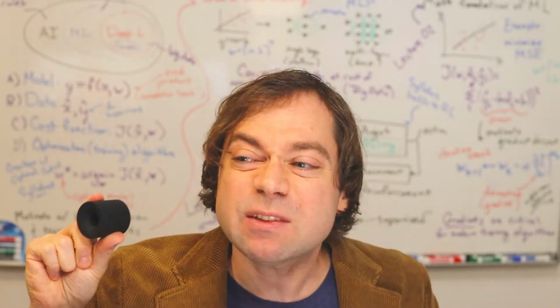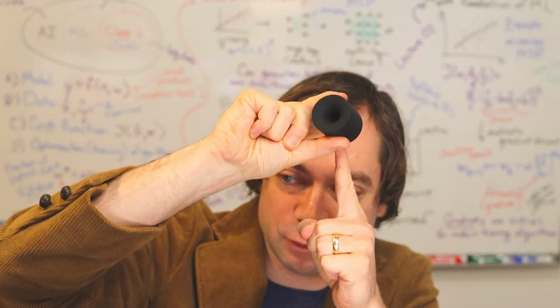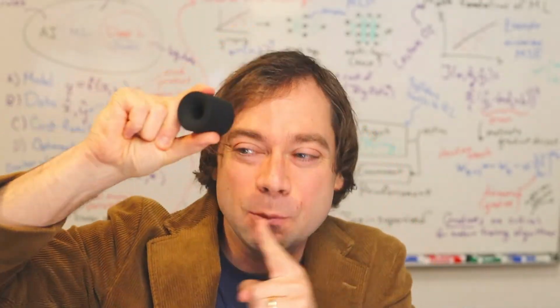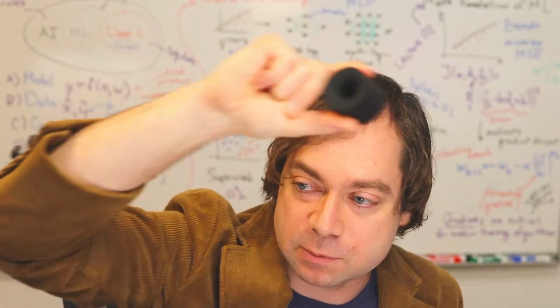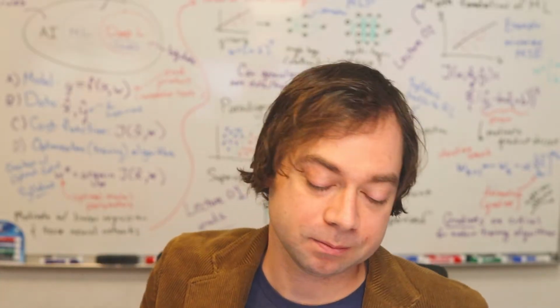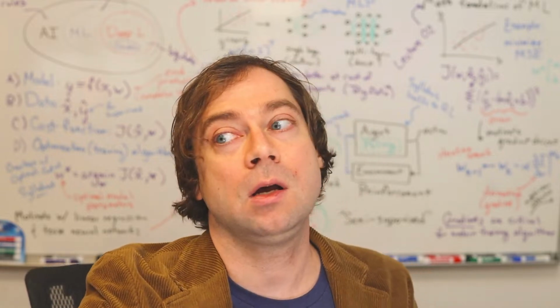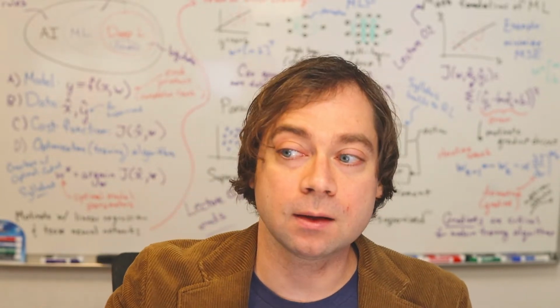If I put a little thruster on here, I can help move it up and down, but there's nothing I can do about its motion left or right. That would be an underactuated system. That's a sort of abstract example. Let's talk about a more concrete example.